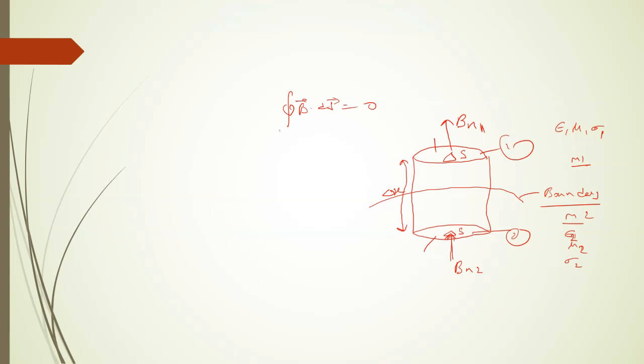Now we will expand this. Suppose this direction is the y direction, so this is positive y direction and this is negative y direction. Flux Bn2 is entering this surface.